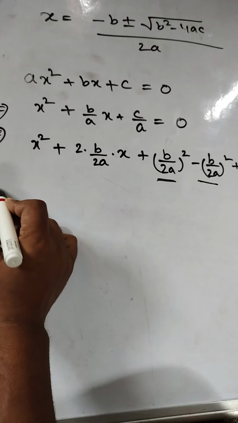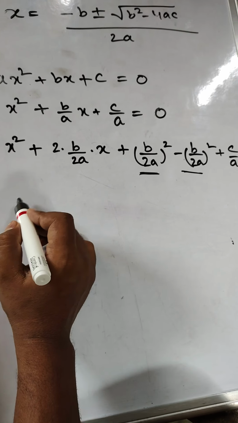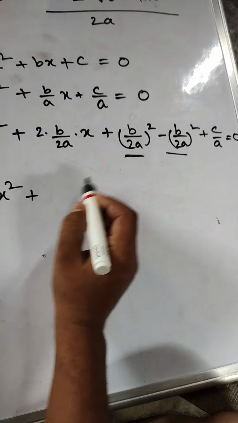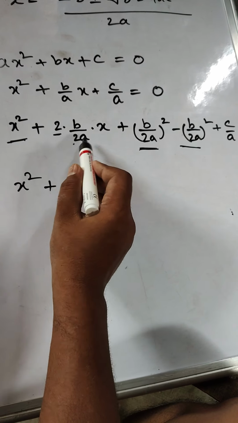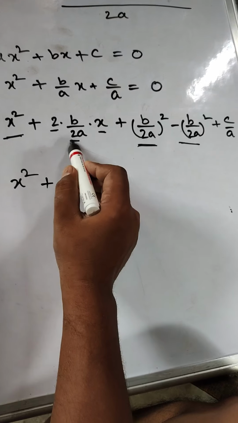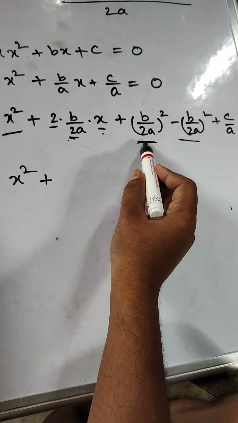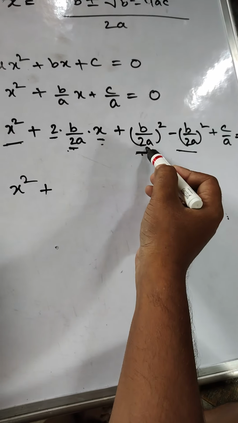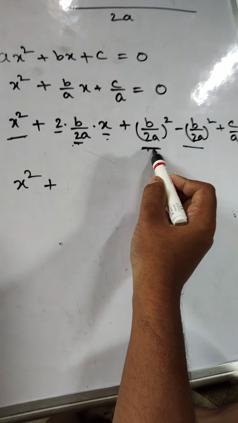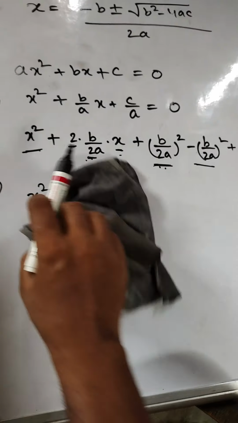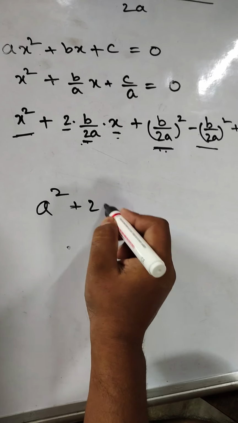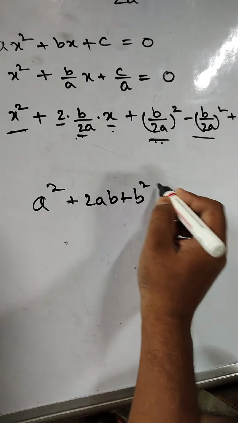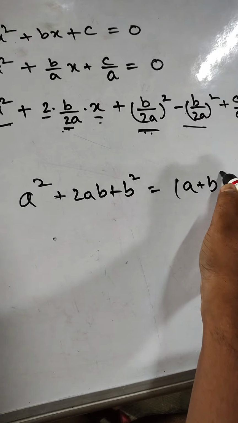Okay. So now x square plus 2ab plus b square, this is a square plus 2ab plus b square equals a plus b whole square.